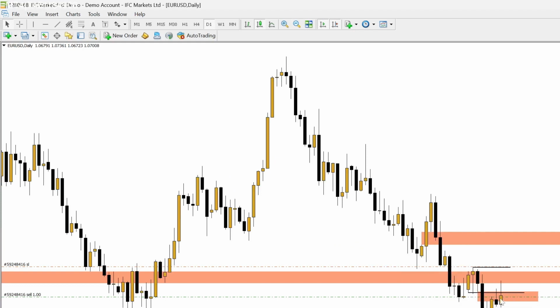We don't want to see the bodies of the candles close above it. It's okay that we wicked above it and came back down into the gap. That's fine. But from here on out, we don't want to see price close above this fair value gap. If it does, we're most likely going to get stopped out, and price is going to come up into this fair value gap and this balanced price range in here.